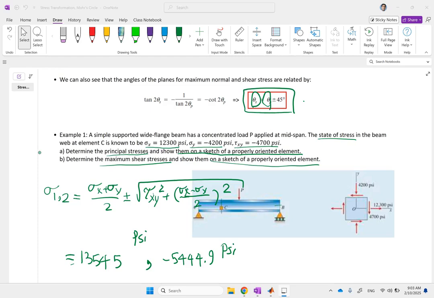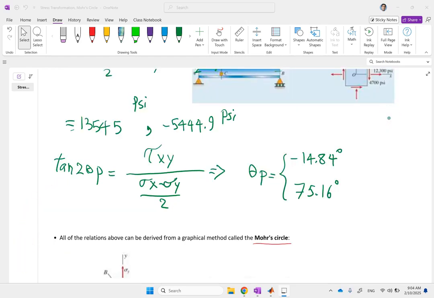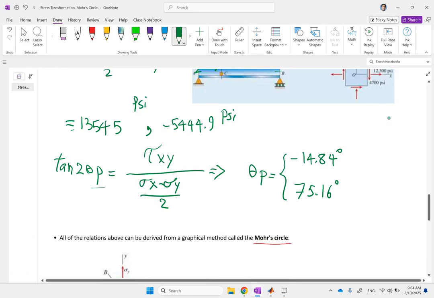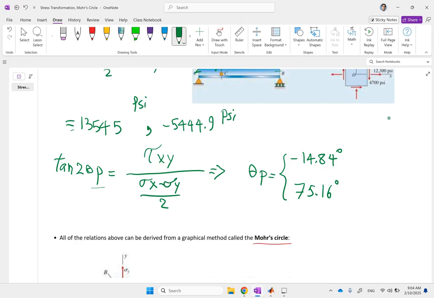Here I just calculated them in MATLAB, and the maximum is 13,545 and the minimum is negative 5,444.9. Then we go for tangent of 2 times the angle. We need to know the angle if we want to draw the plot for the plane of maximum stress. So we go for tangent of 2 theta p, and we calculate it.